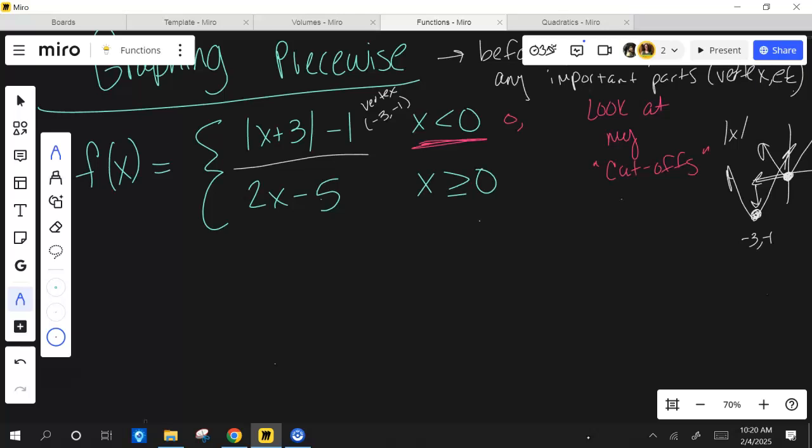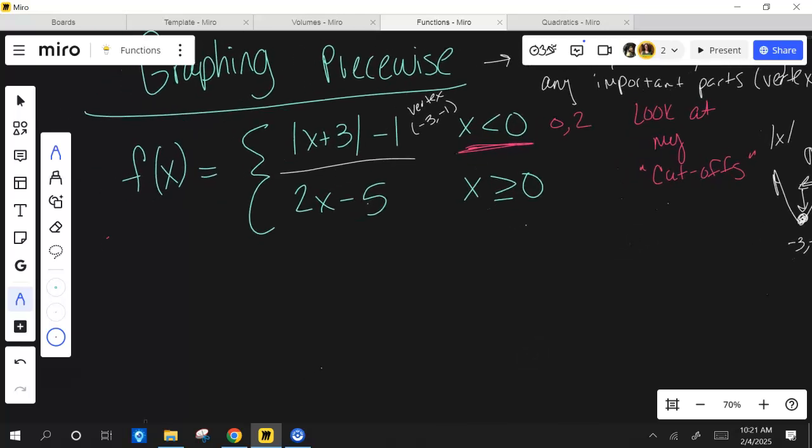Negative 2, right? I want to plug in my cutoff point because, listen guys, if it's less than or it's greater than, I'm going to plot it with an open dot. Okay? Because it can't actually be that, right?